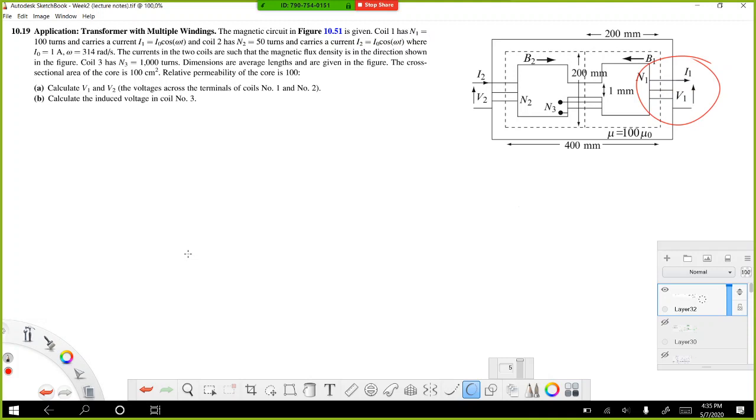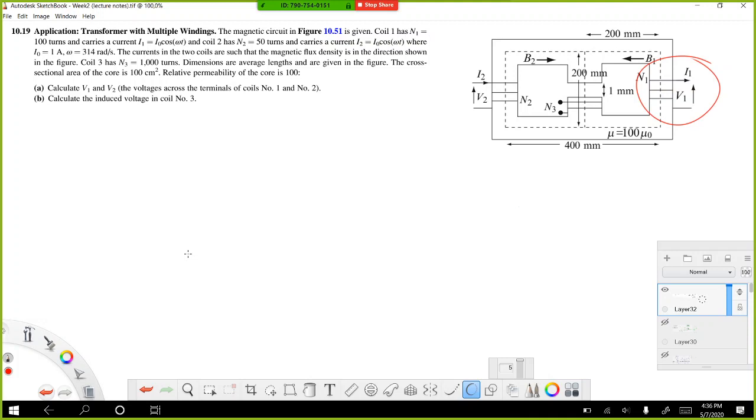Coil number two has 50 turns and carries a current I2 equal to I0 cosine omega t, where I0 is 1 ampere and omega is 314 radians per second. The currents in the two coils are such that the magnetic flux density is in the direction shown in the figure.